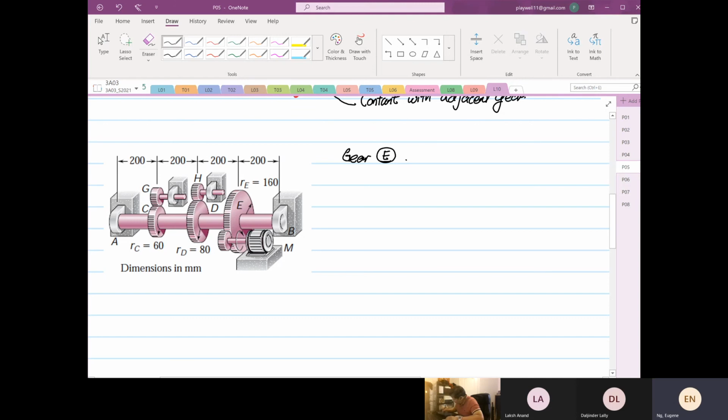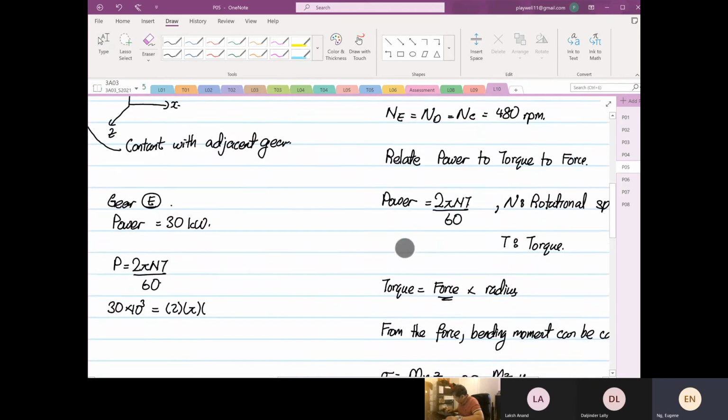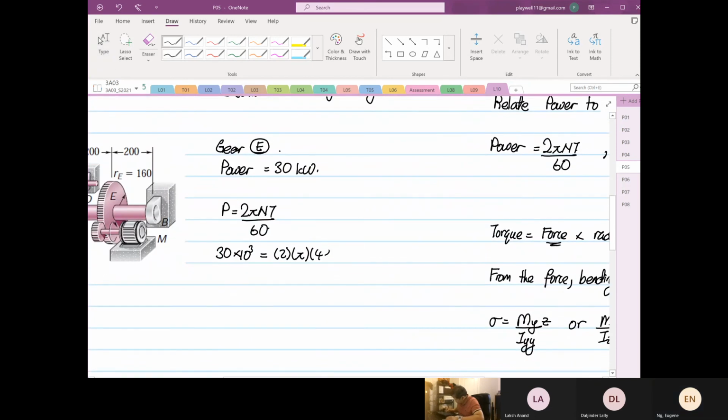So at gear E, the power is equal to 30 kilowatt. Power is equal to 2 pi n T over 60. So 30 times 10 to the power 3 is equal to 2 multiplied by pi, n is 480, T, and then 60.